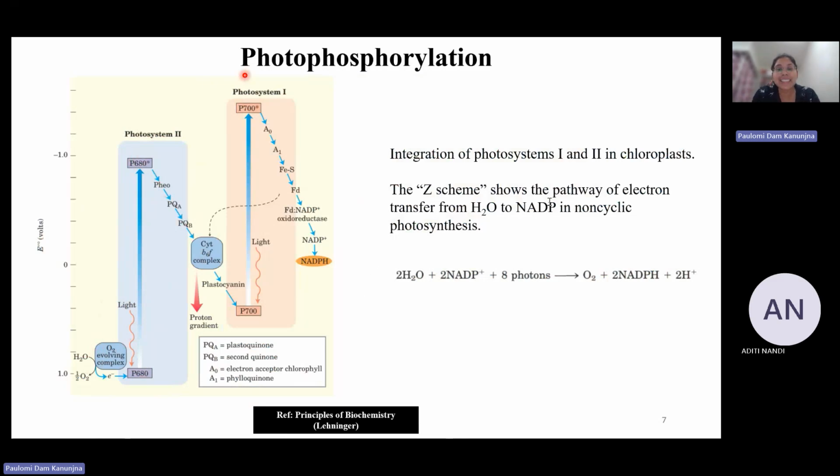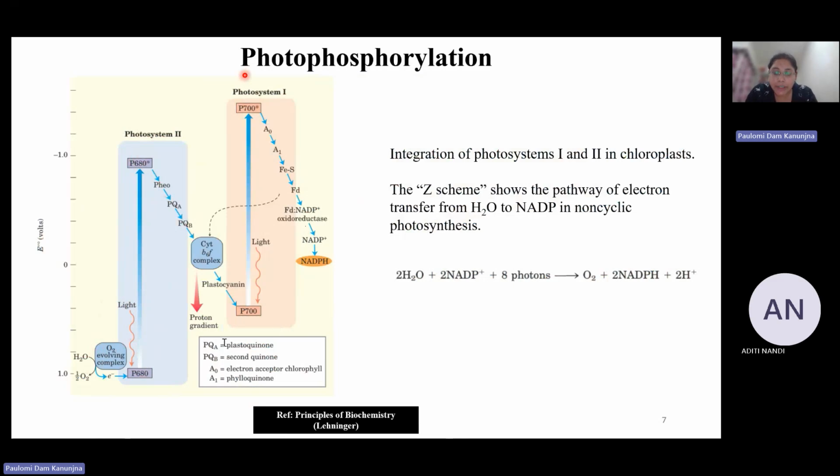Right. Now, the Z scheme here shows the pathway of electron transfer from water, which is the first reaction that takes place, to NADP, which is the last electron acceptor. This is, however, in a non-cyclic photosynthesis manner. Right. Now, what happens here is, to raise the energy of electrons derived from water to the energy level required for NADPH, as you can see, the electron energy difference is there.